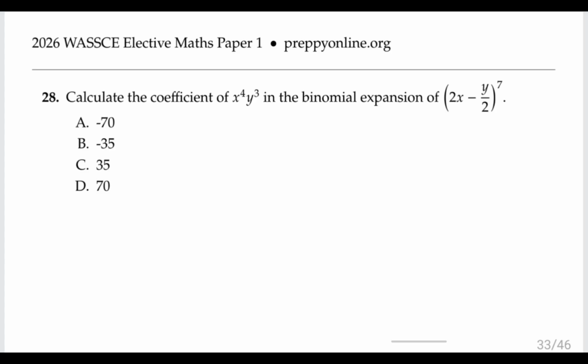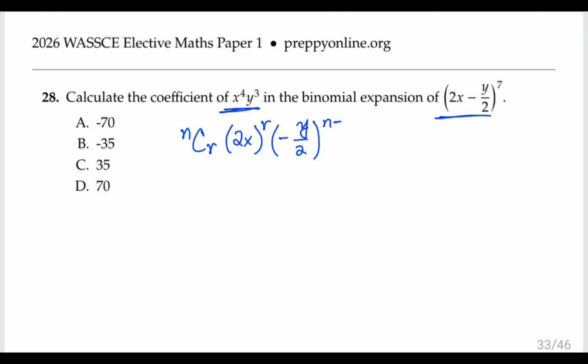All right, question 28. Calculate the coefficient of x to the fourth, y to the third in the binomial expansion of that. So the general term in the binomial expansion can be written as n choose r times 2x to the power r, then minus y over 2 to the power n minus r.